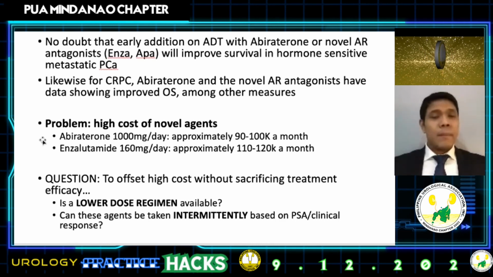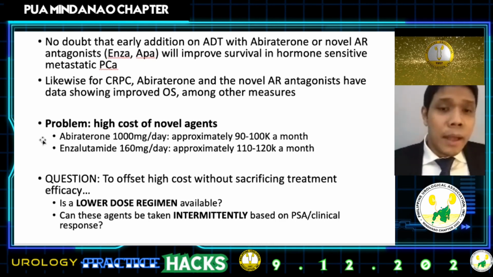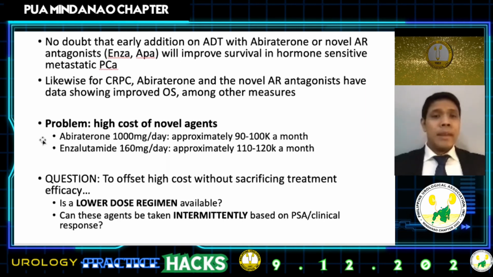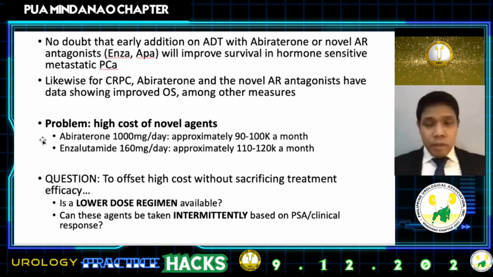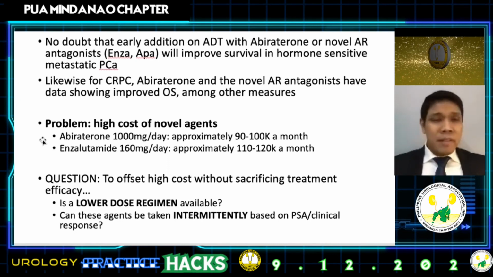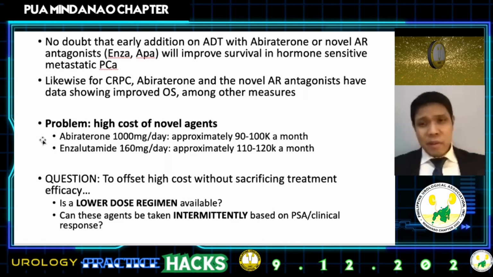So, for example, abiraterone, which is given 4 tablets, meaning 1,000 milligrams per day, would cost approximately up to 100,000 pesos a month. And then enzalutamide, which is 160 milligrams per day, would cost approximately 110 to 120,000 a month. And probably only 1% of our population can afford this, or maybe even less.